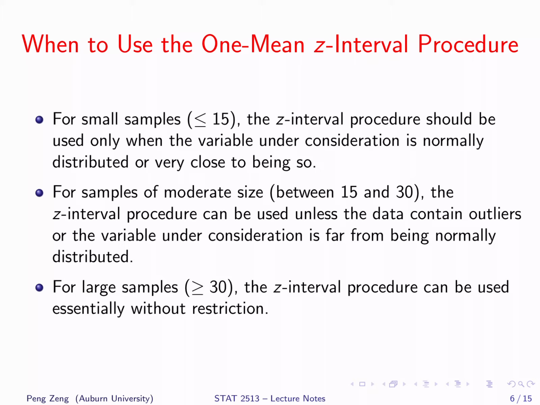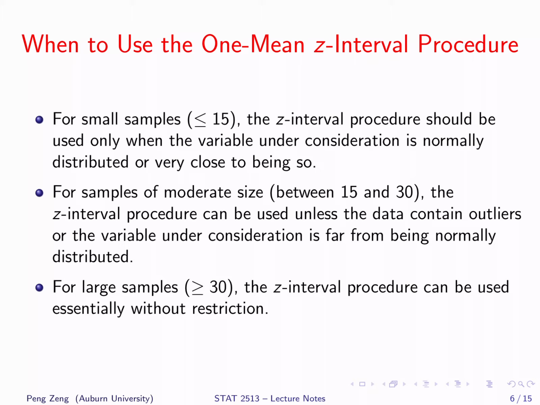Let's check in more detail when we can use the one mean Z-interval procedure. We discuss different scenarios according to different sample sizes. For small samples of size less than 15, the Z-interval procedure should be used only when the variable under consideration is normally distributed or very close to being so.